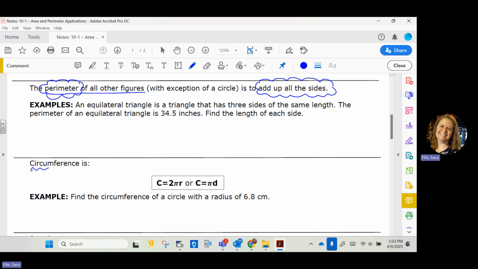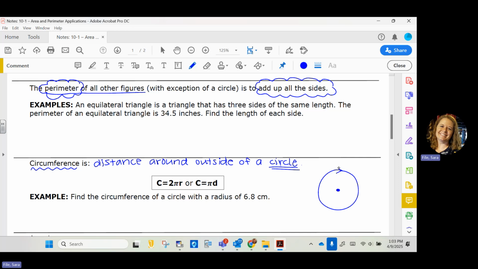It's called circumference. So circumference is the distance around the outside of a circle. So if I have a circle, here's the center.